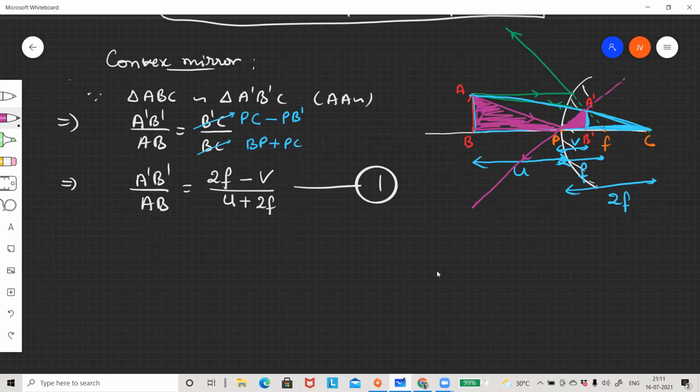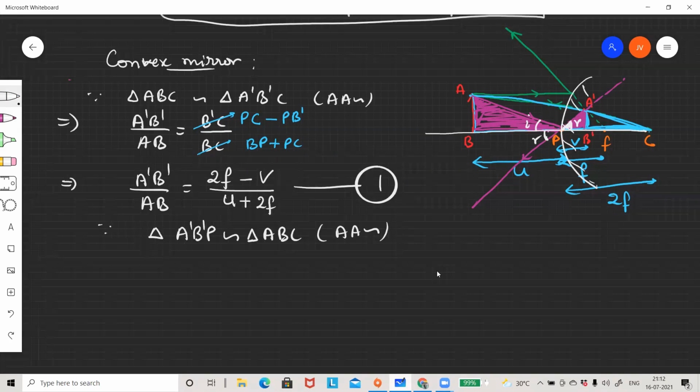So this and this are equal, so angle APB is equal to angle A prime P B prime. That is one. Another is the right angle, angle ABP and A prime B prime P. So those are similar by angle similarity.